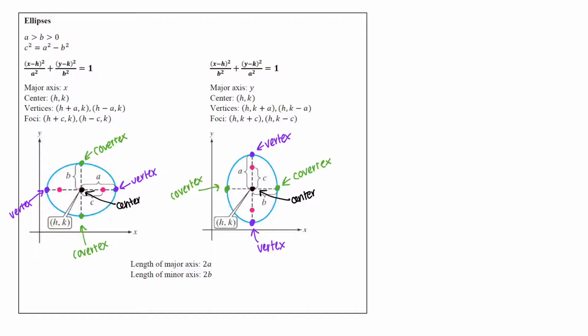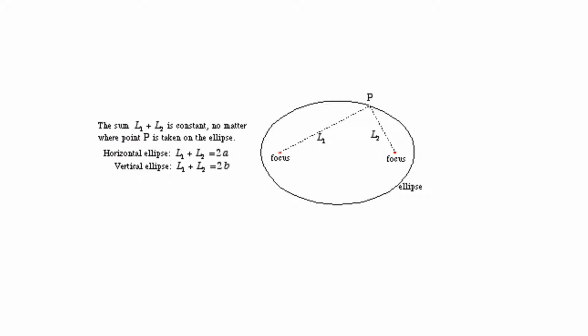And the idea of foci is a little bit weird, and I don't anticipate you 100% grasping what I'm about to say or why anyone would care. But let me just give you a little bit of reasoning for what the foci of an ellipse are. So looking at an ellipse, if we have any point on the ellipse, the foci are plotted such that the distance between the focus and this point here and the focus and the same point, when you add these two together, you get a constant no matter what, which ends up being the length of the major axis.